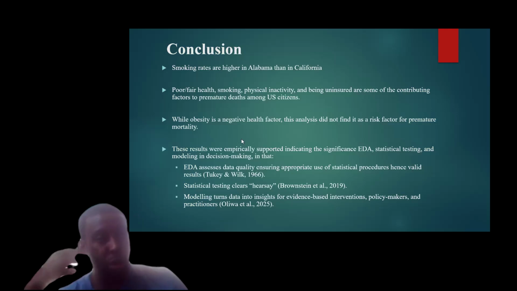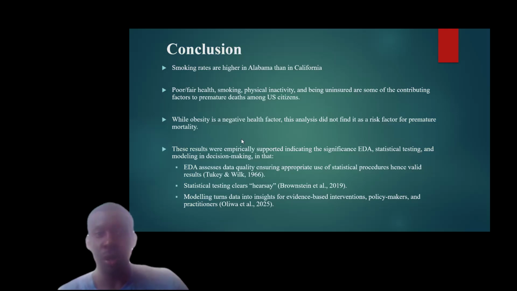In conclusion, smoking rates are higher in Alabama than in California. Poor or fair health, smoking, physical inactivity, and being uninsured are some of the contributing factors to premature deaths among U.S. citizens.